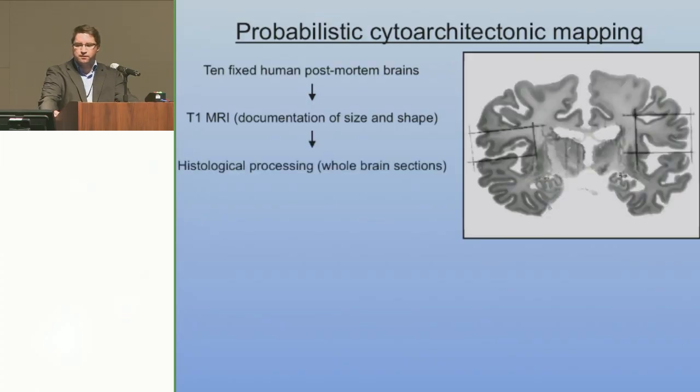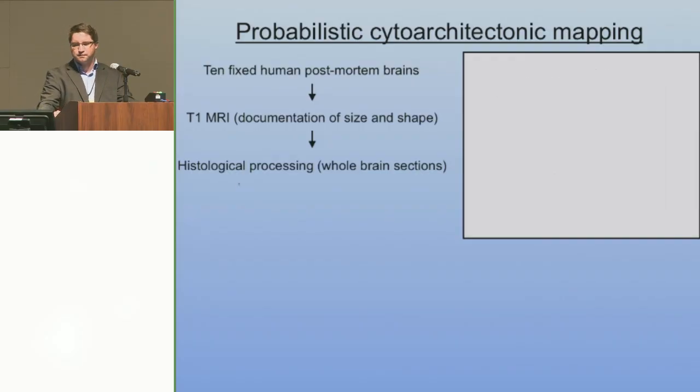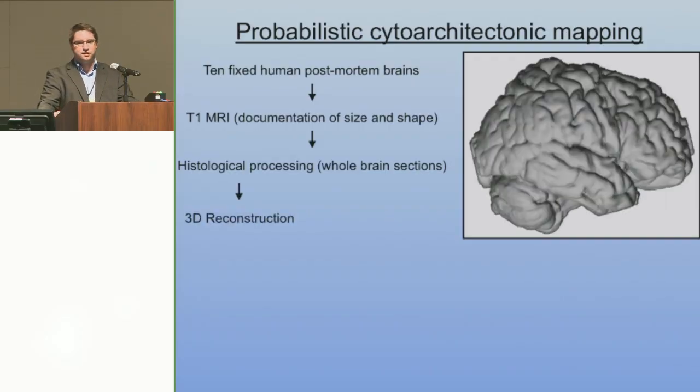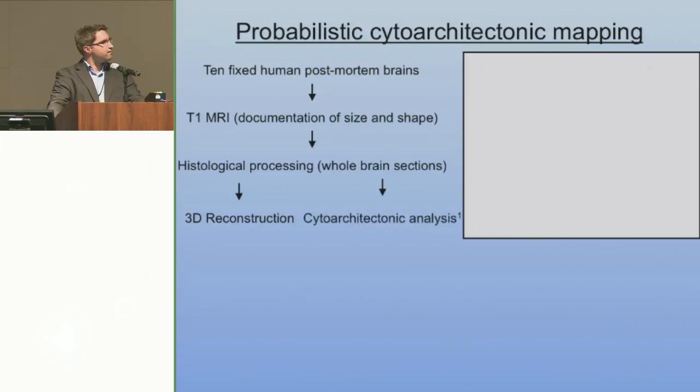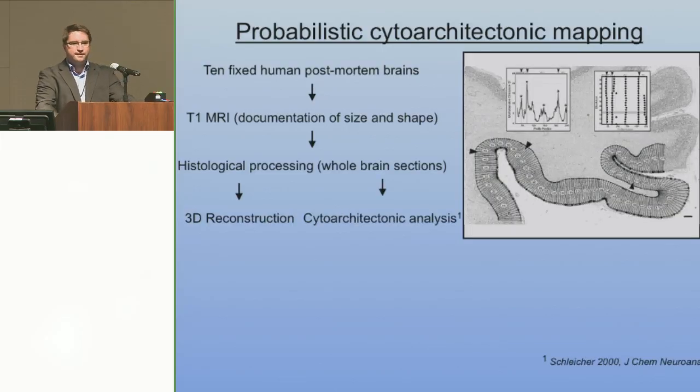And then we do the histological processing in whole brain sections that are stained for cell bodies to allow cytoarchitectonic analysis. The 3D histological volume is then reconstructed based on the MRI volume, block face images, and the images of the histological sections.